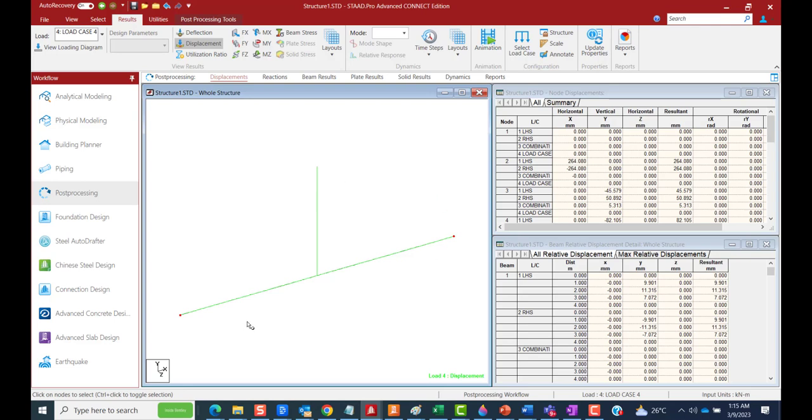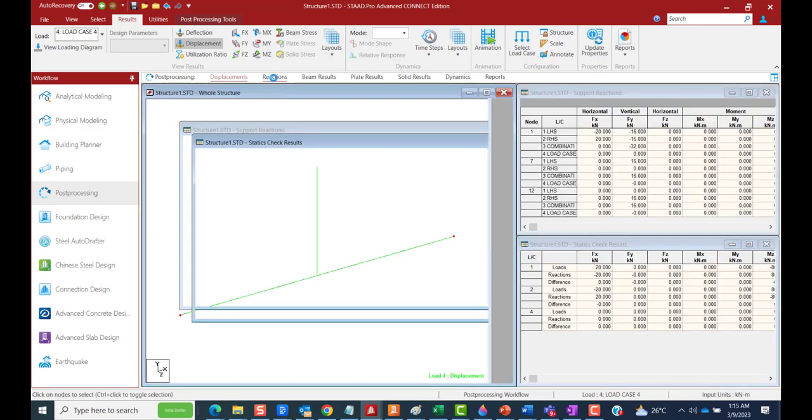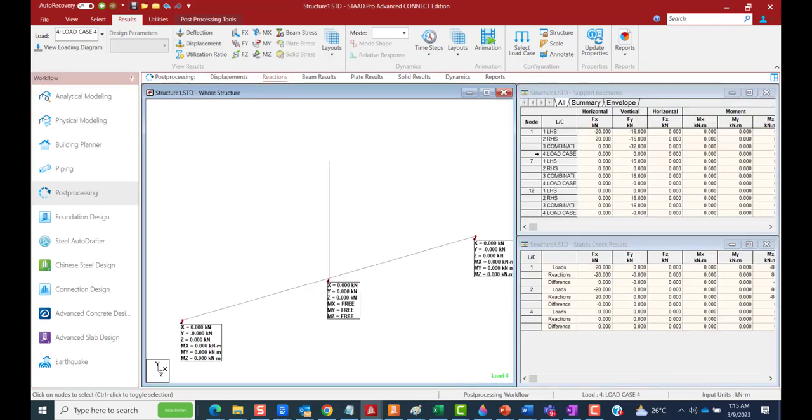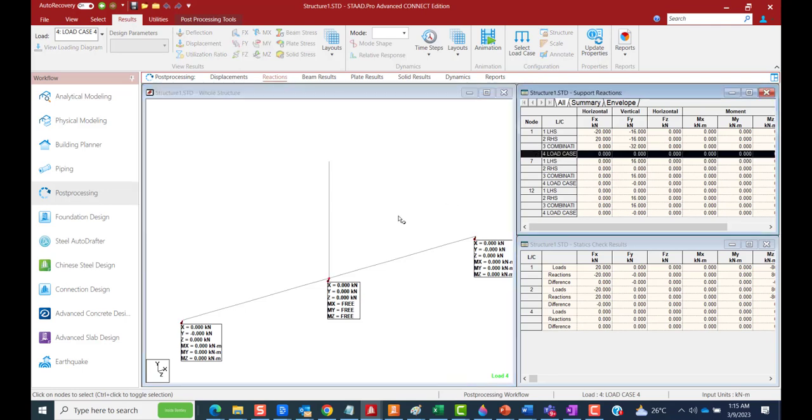That's the reason you can see the displacement is almost 0. And if I go to the reaction, you can see here for this one, it is 0. Which interprets that my nonlinear state of analysis is well captured if you are using the repeat load option instead of the load combination option.